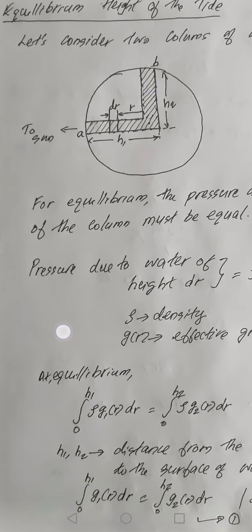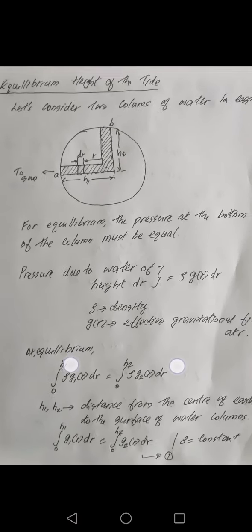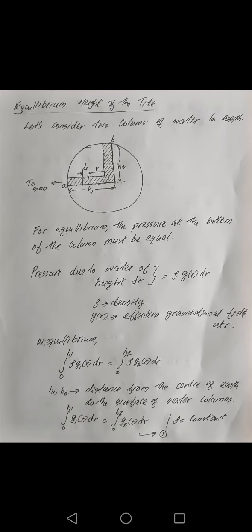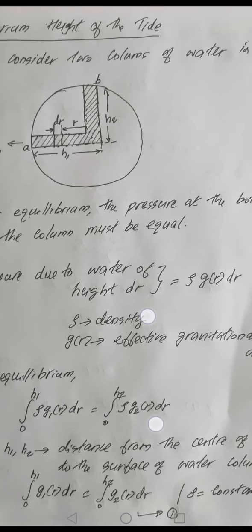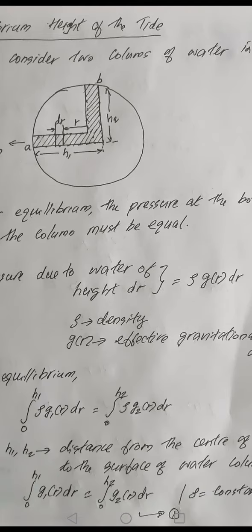I am integrating to get the total pressure, where h1 and h2 are the distances from the center of earth to the surface of the water column. I take the same liquid, therefore the density is the same, so I cancel rho in each integral.